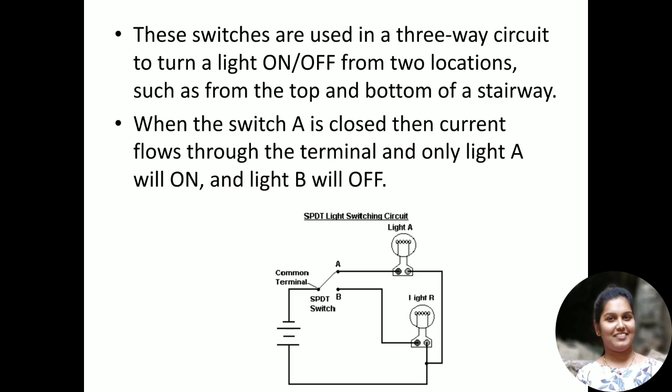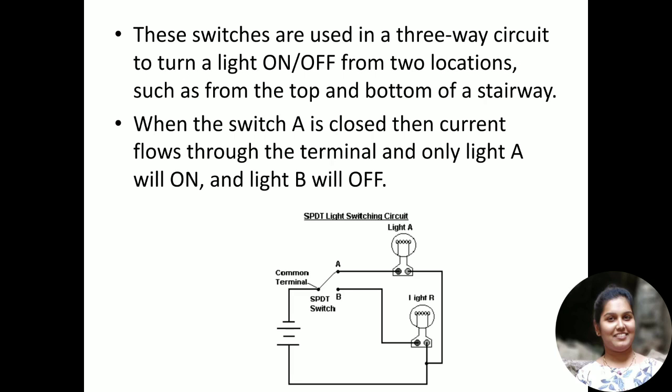That point is to be kept in mind regarding the double pole double throw switch. So the double pole double throw switch, though it has two different connections or two different circuits that may be connected, at any point of time only one circuit will be in working condition, or it will be open circuited. The other one is closed circuited.